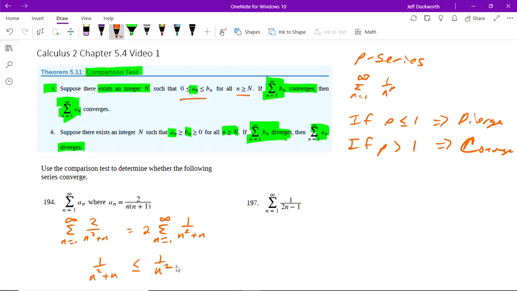Even starting at 1. So if we start at 1, we have on the left 1 over 2, and on the right we have 1 over 1, which is 1. So this is for all n, and integers.